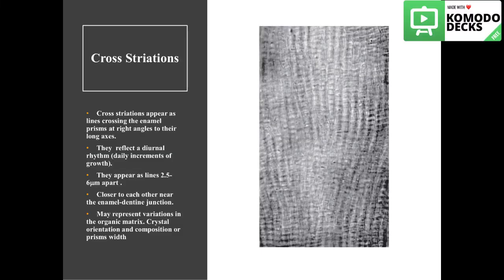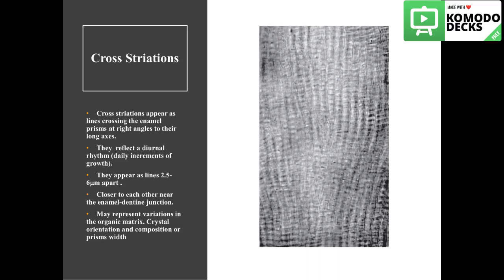So the cross-striations appear as lines crossing the enamel prisms at right angles to their long axis. So what we are talking about is these lines that are crossing enamel at a right angle. They reflect a diurnal rhythm, or in other words, daily increments of growth.